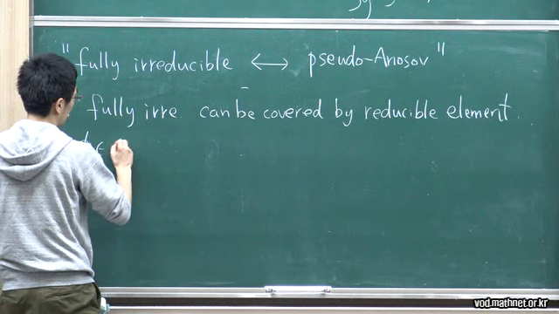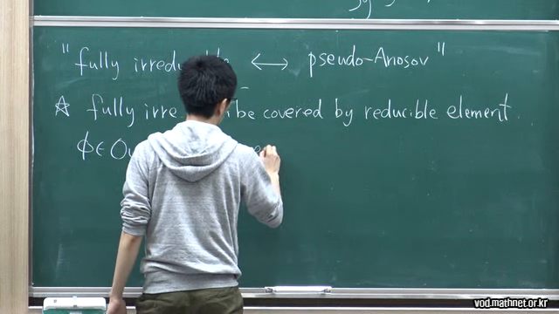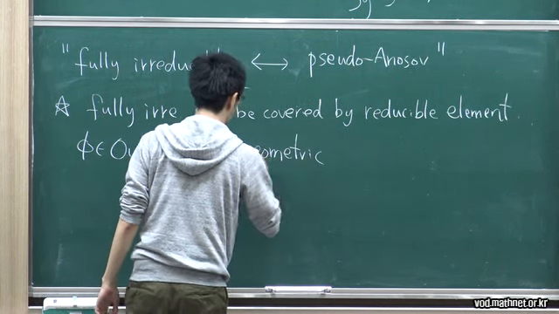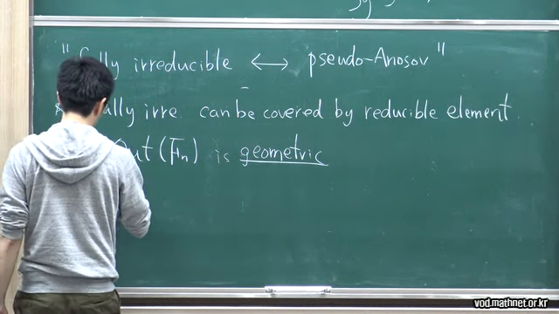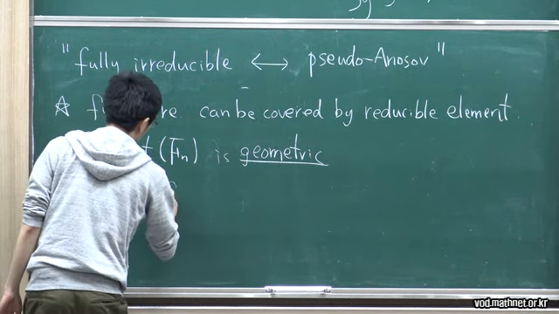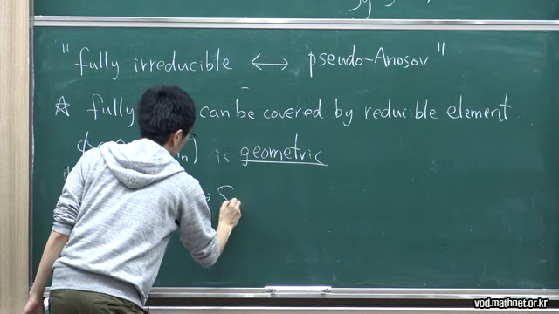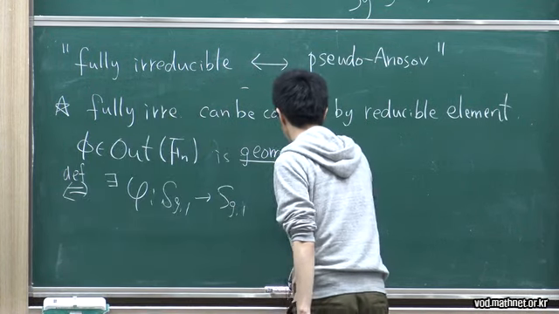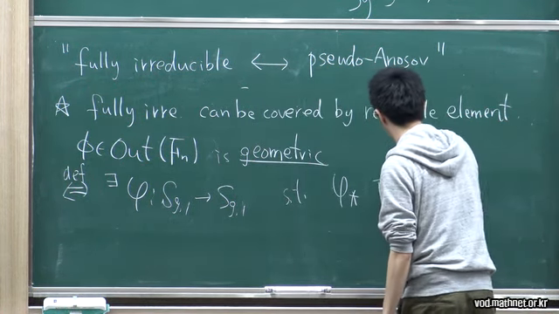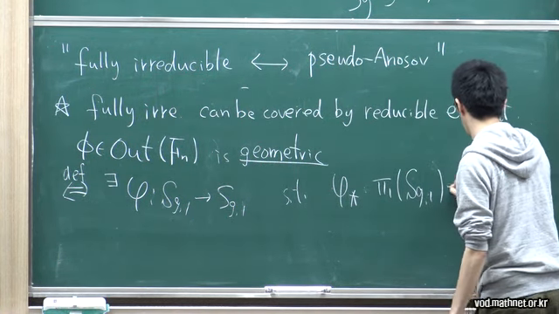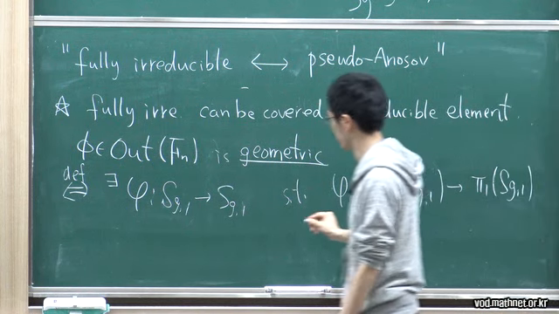So phi in outer Fn is called geometric if we can find a mapping class on a punctured surface such that the induced action on the fundamental group is phi.